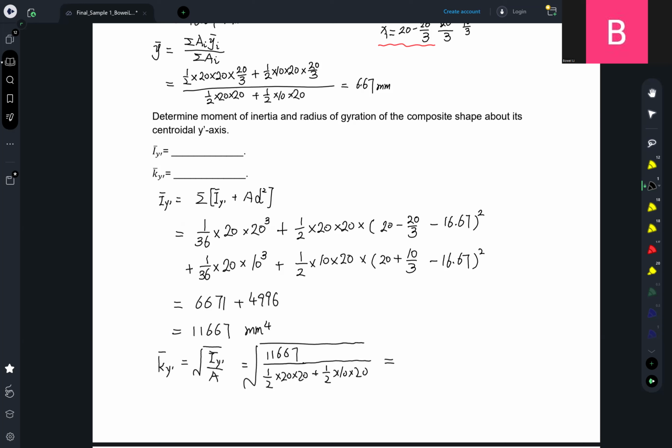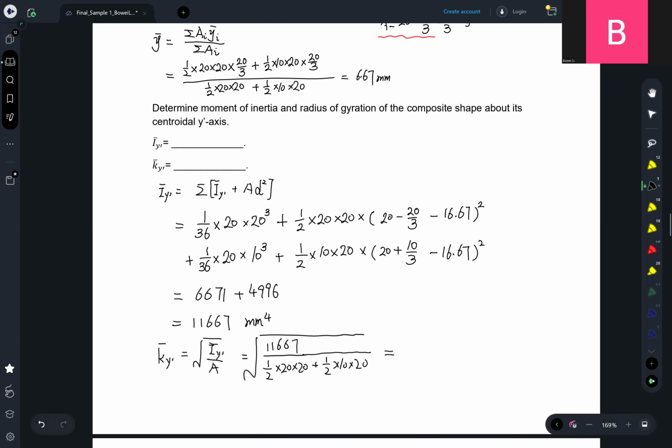So it is the square root of the moment of inertia divided by the total area, right? And we also already have the total area in the first part.